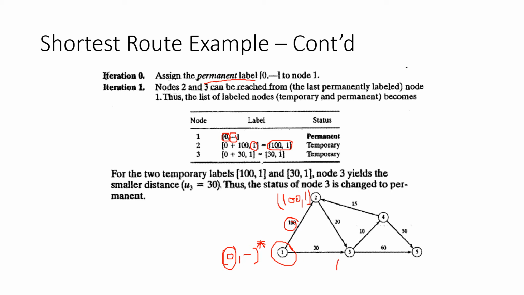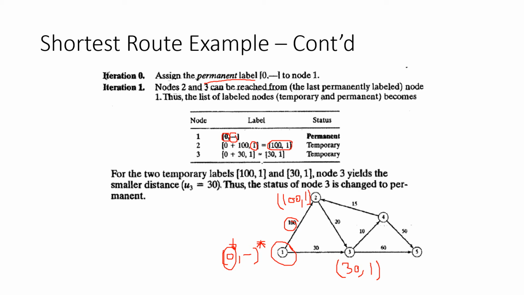The label next to it would be 0 plus 30 is 30, comma, coming from 1.